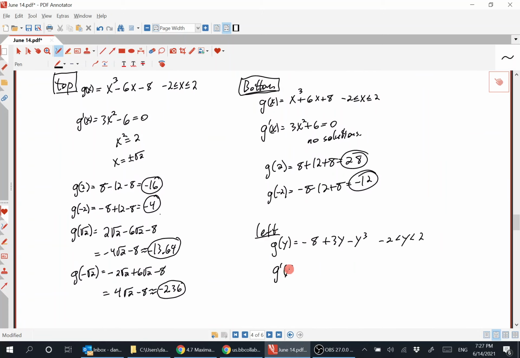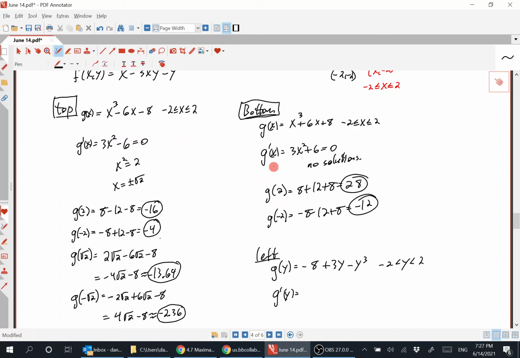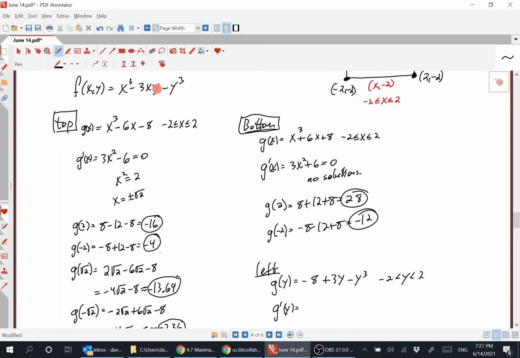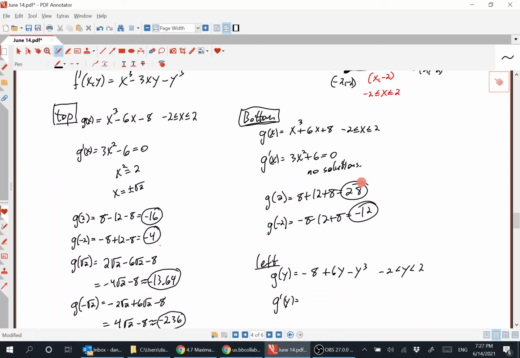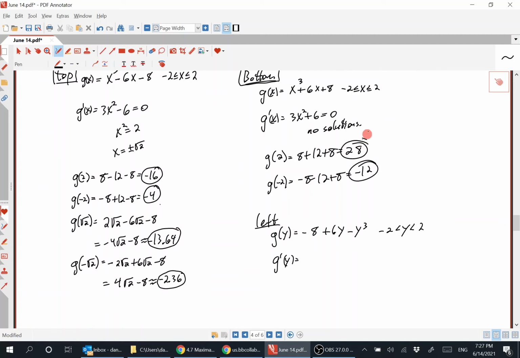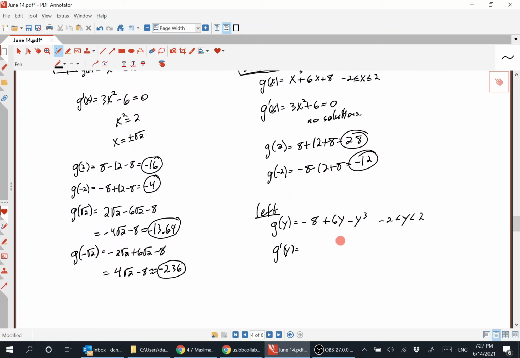So g prime of y, make sure I got that right. Minus 8 plus 6y minus y to the third. So the derivative is 6 minus 3y squared. Set that equal to 0. So y is equal to plus or minus square root 2.